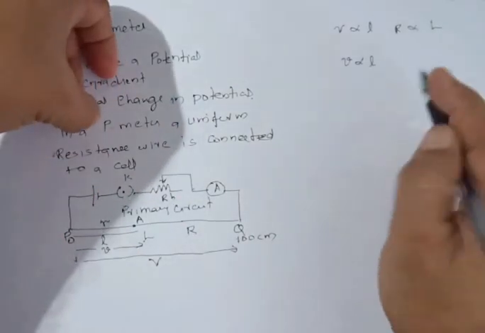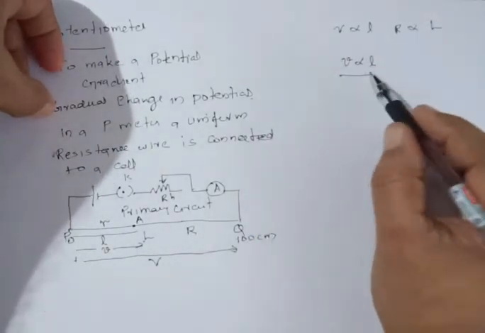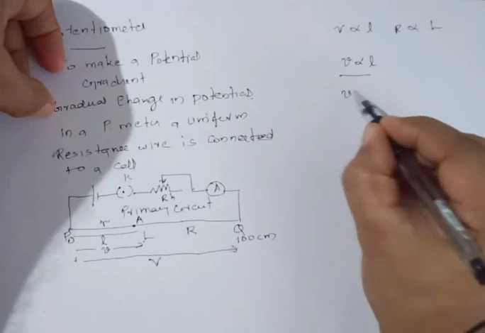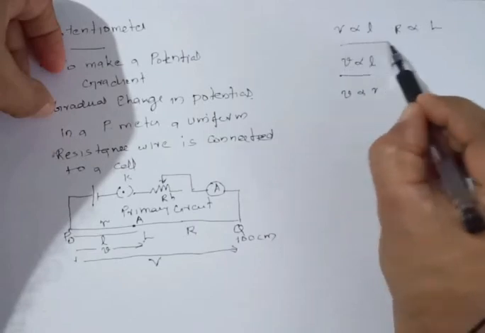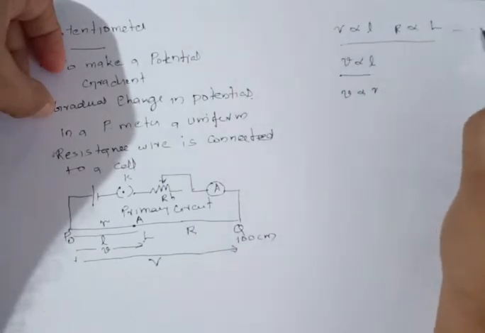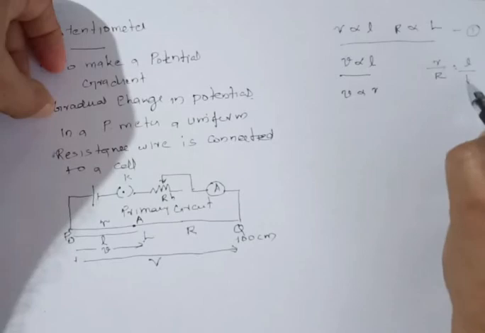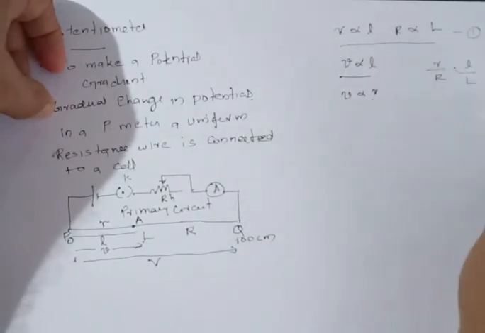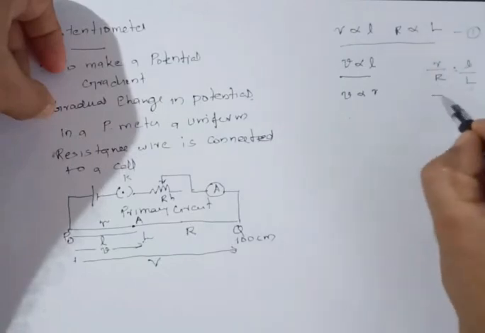Now, how do we get this relationship? It is very simple. The potential difference V is proportional to R. But from these relationships, we call it 1, we get r upon R is equal to l upon L. So r upon R is equal to l upon L, and this is an important relationship.